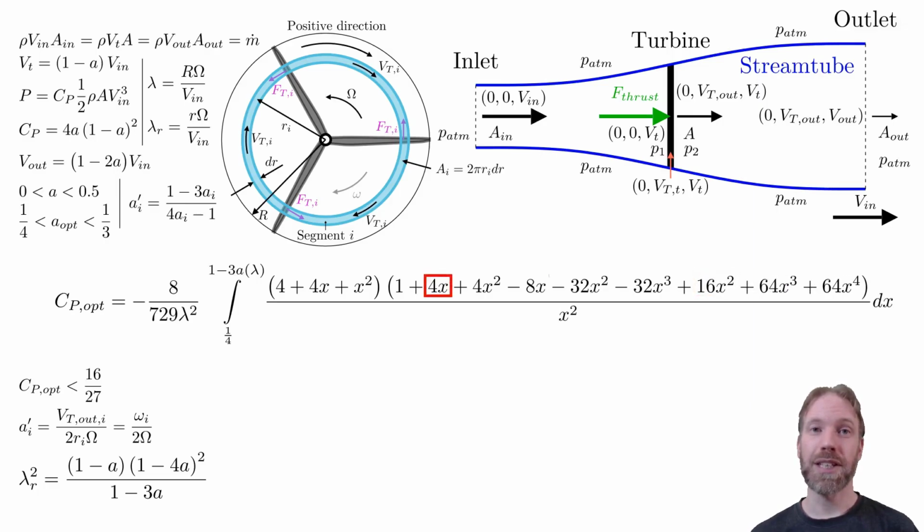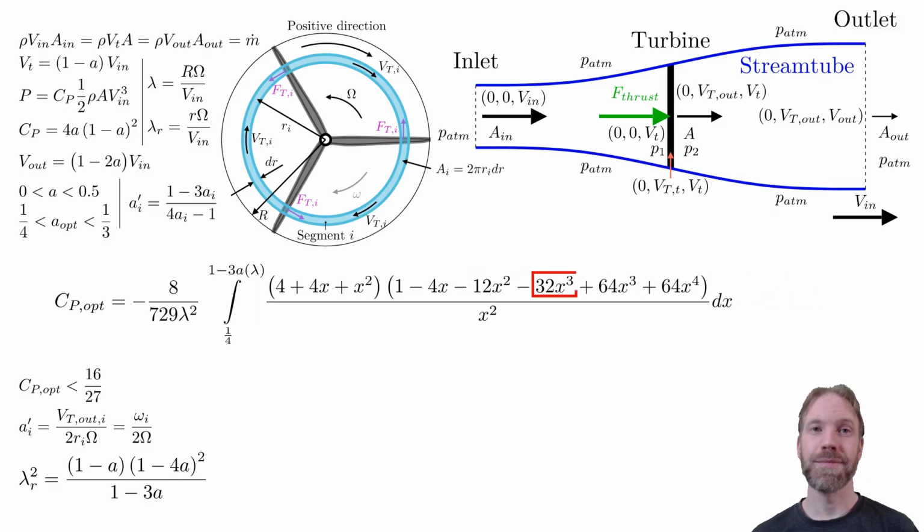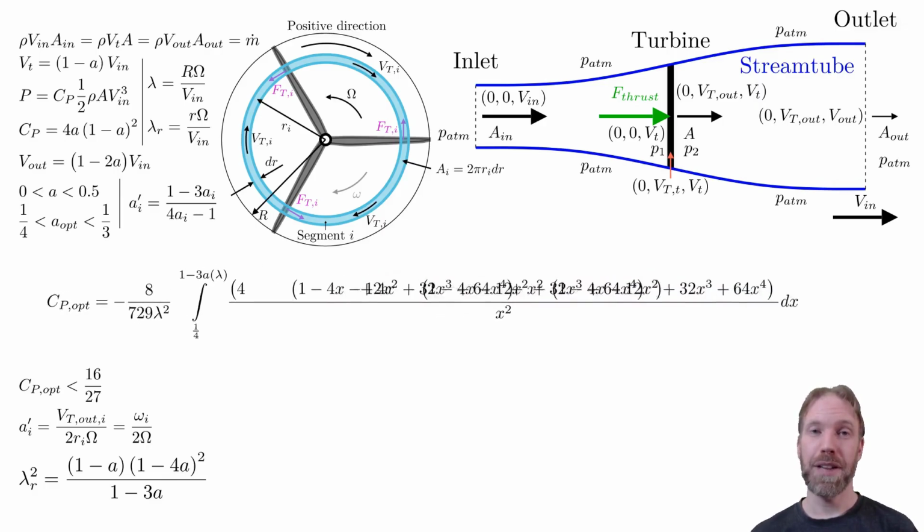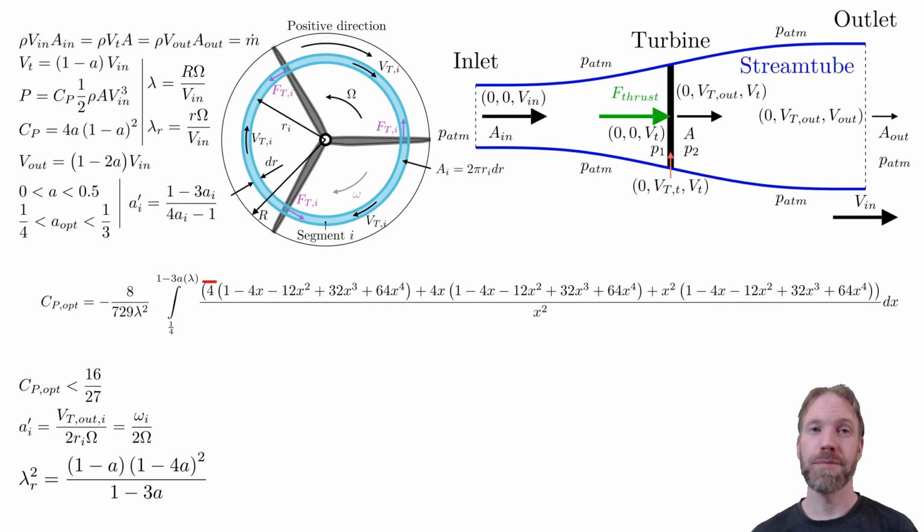Now we collect all the terms before the next multiplication. Finally, multiply the last 2 parentheses and collect the terms.